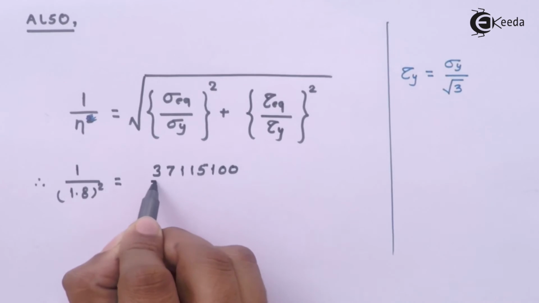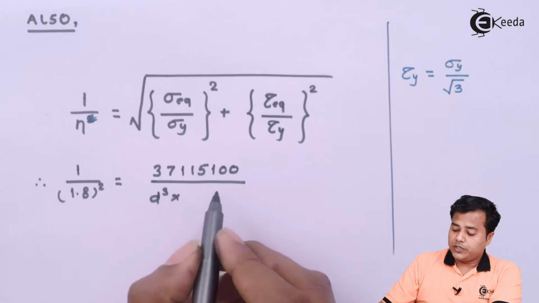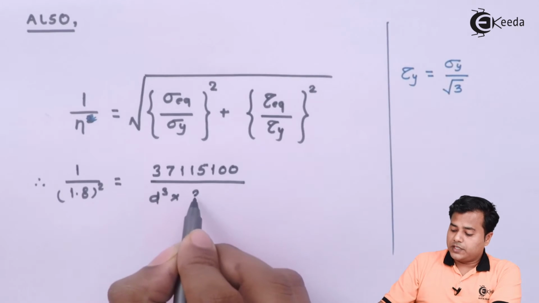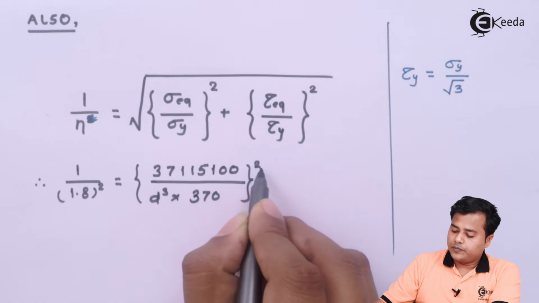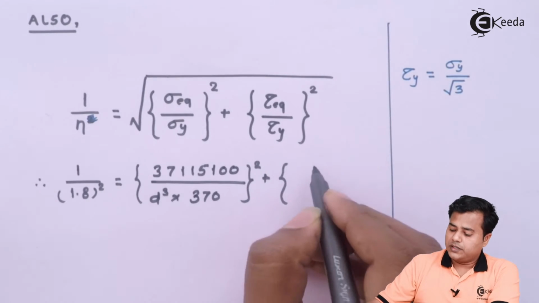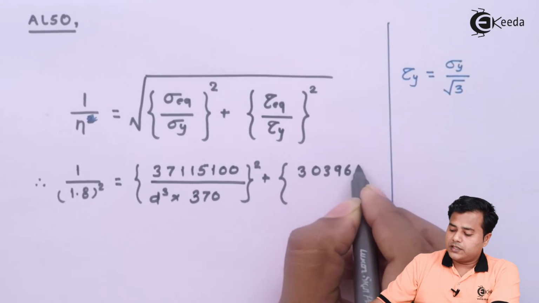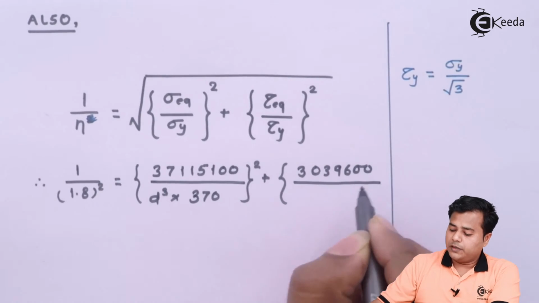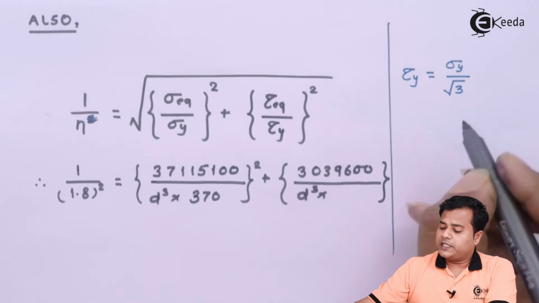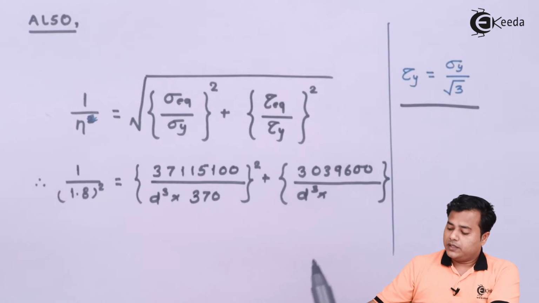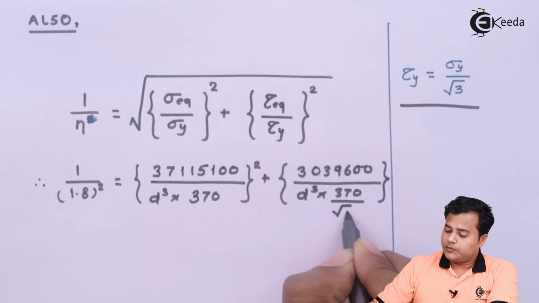37115100 divided by d cube into sigma y option we already have, which is 370, the bracket square, plus tau equivalent value we have figured out is 3039,600 divided by d cube into tau y is basically given by this particular formula, so which is 370 divided by cube root.